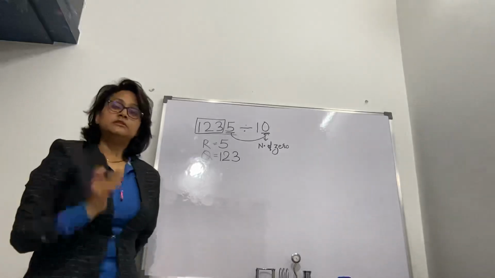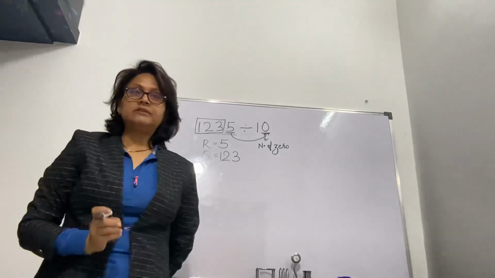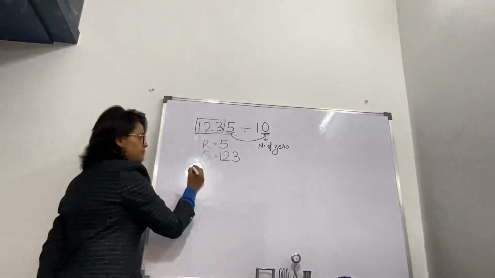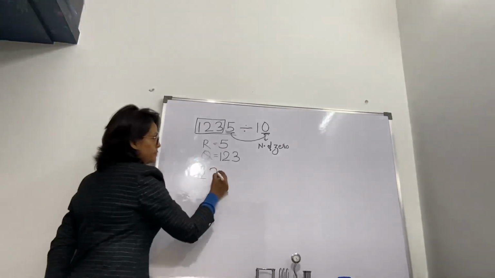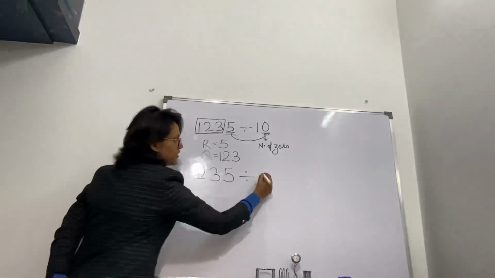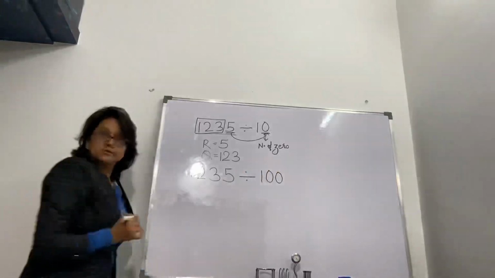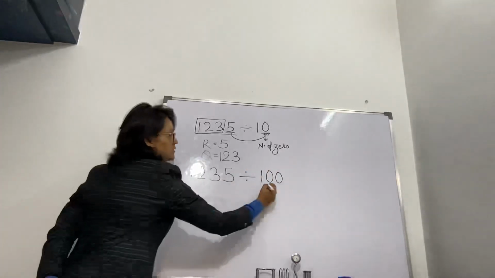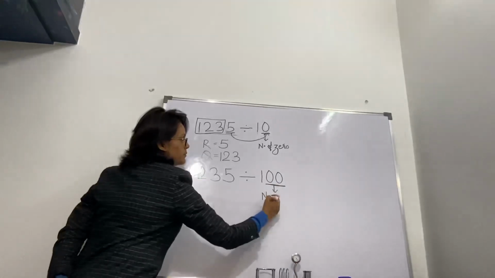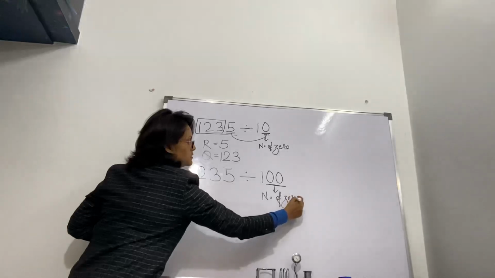Now, just to make the students understand how the number of zeros matters in terms of remainder as well as the quotient, let's see. We will pick the same number 1235. Now this time we are going to divide the number by 100. The same concept applies here. We have to see the number of zeros.